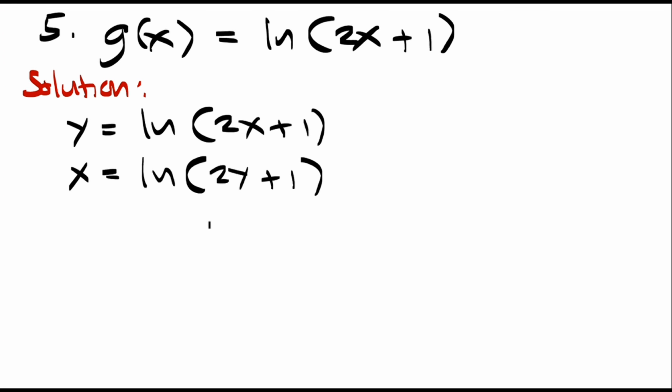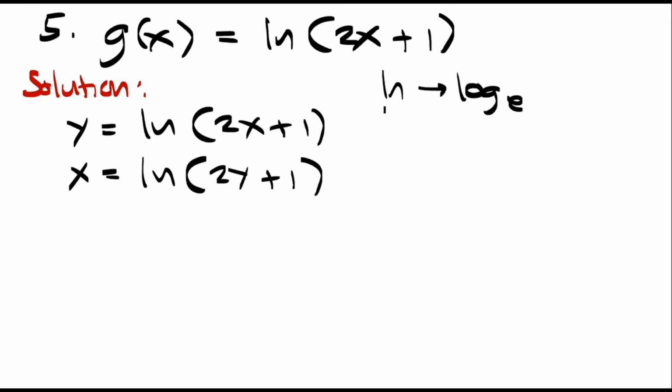And in solving for y here, we need to transform this logarithmic expression into exponential form. Since this is natural logarithm, we know that ln is the same as logarithm to the base e.